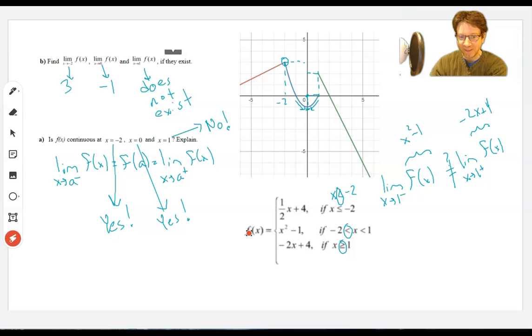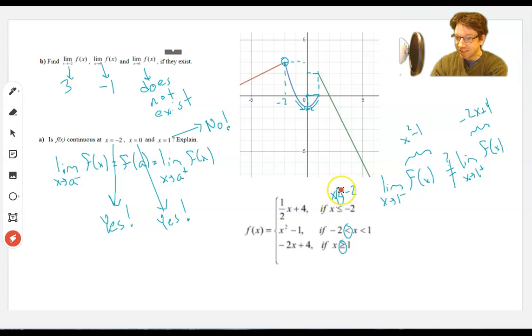All right, so just to recap, at x equals negative 2, it is continuous because the limit exists. It approaches the same value from the left and the right, and the function exists at that point. We know that because it says here less than or equal to.